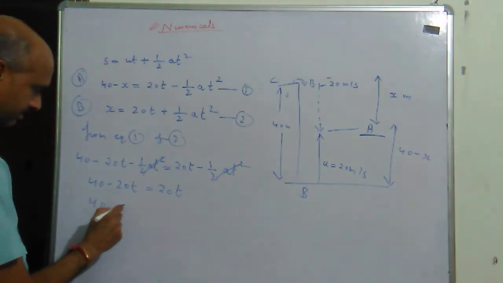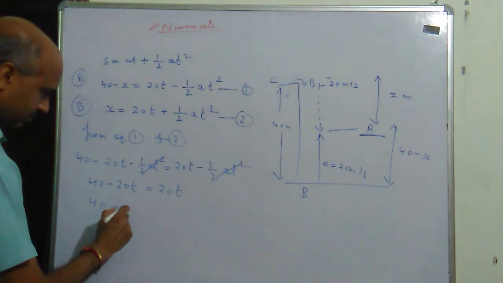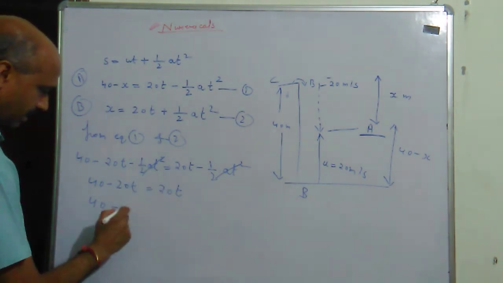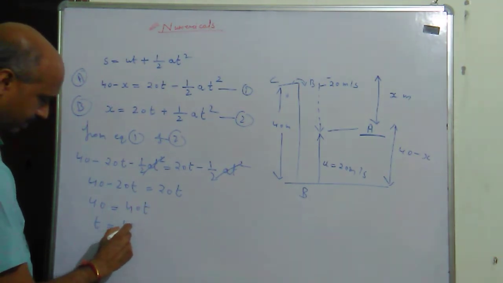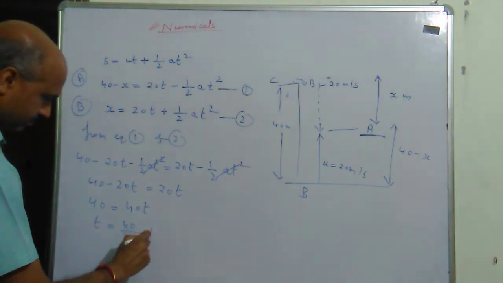So 40 equals to, इधर जाके प्लस हो जाएगा, 40t. So the value of t will be 40 upon 40 equals to 1 second.